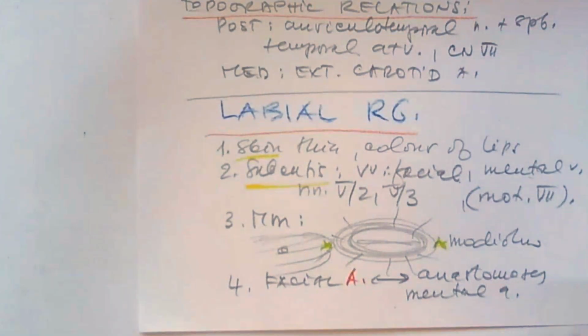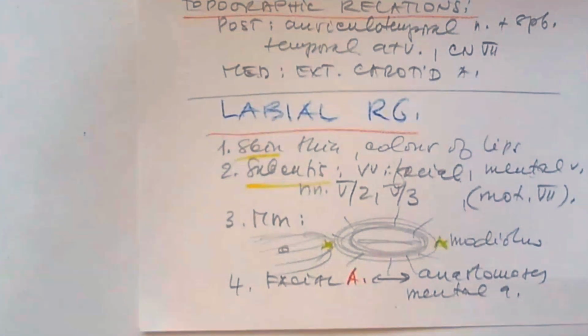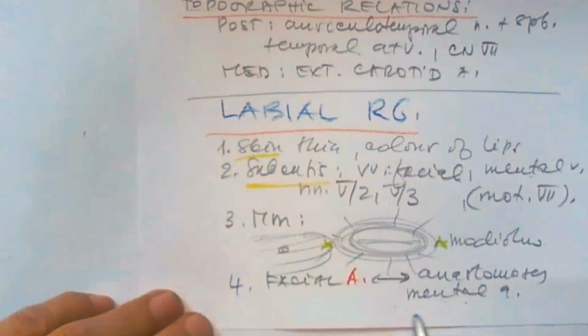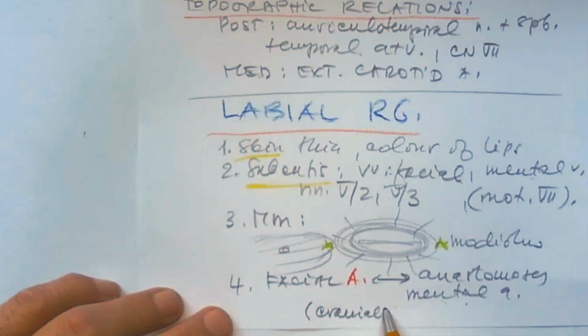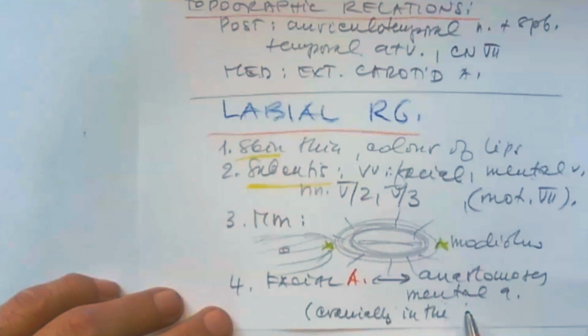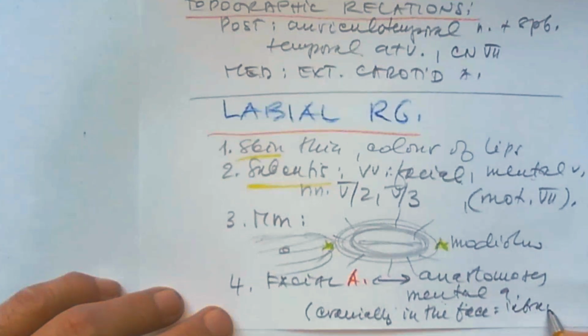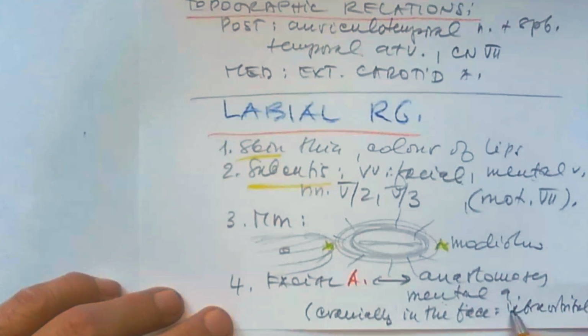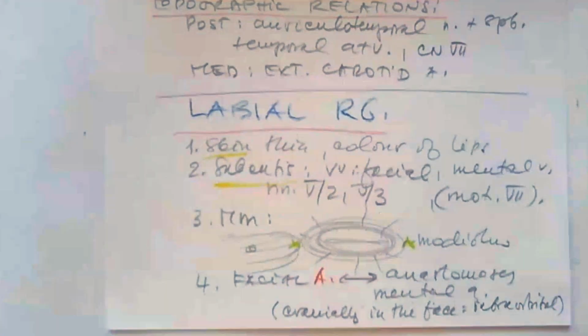More cranially is the ophthalmic, but it is not in this area. Also cranially in the face, there is anastomosis with the infraorbital, etc. Just to remember that the connections could be in a different position, far away from this area, but they exist.